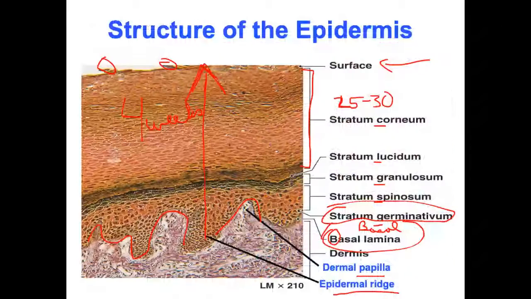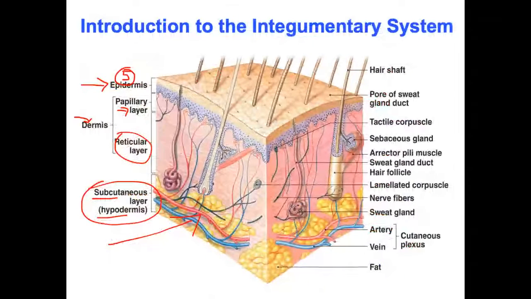Now, what do we have here in the dermal layer? The reason why the integumentary system is the first system we cover after doing the 4 different types of tissues is because the skin has all 4 types of tissues, right?